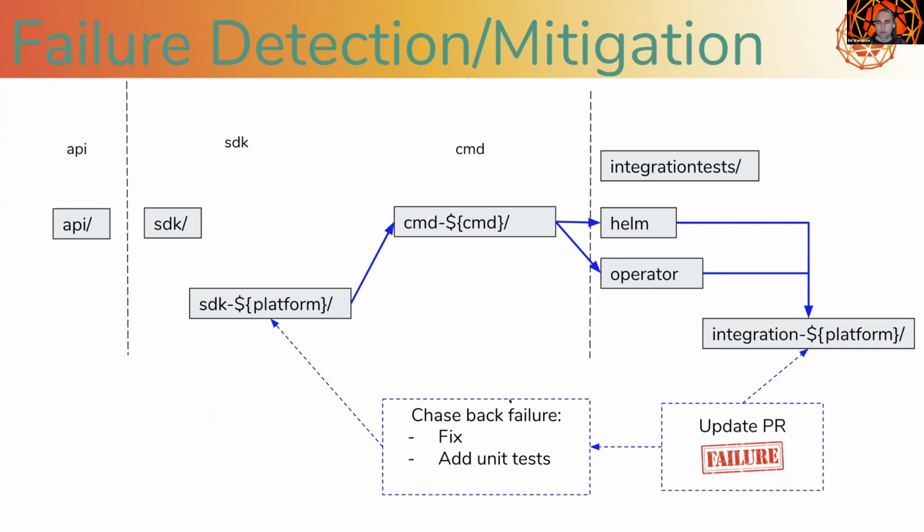You can actually chase the failure back to the offending patch. Depending on the seriousness of the issue, you can go fix it upstream, or you could revert it upstream until you sort out exactly what you're going to do about it. And having put the fix in, you can add unit tests to the platform level to make sure that you don't get that particular flavor of escape again down to integration.